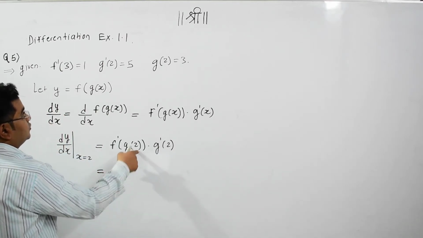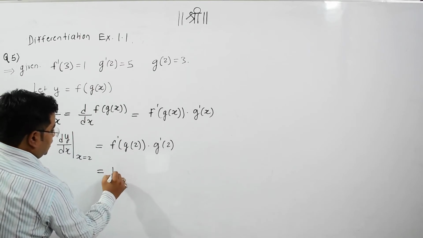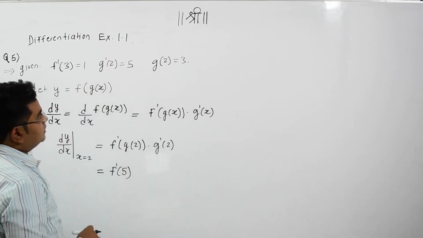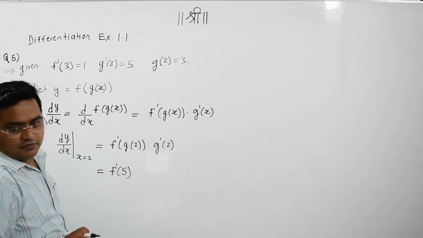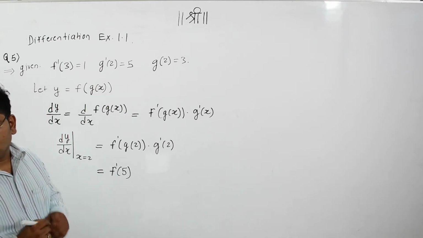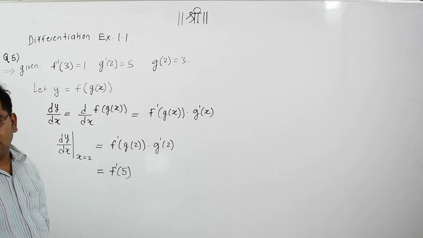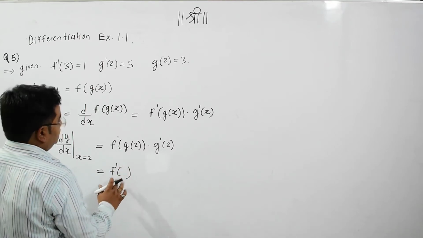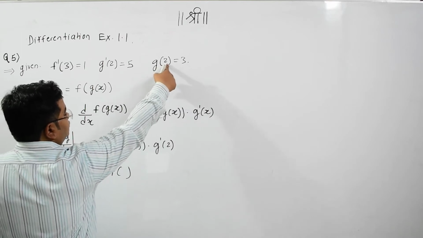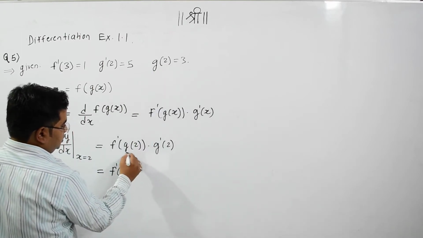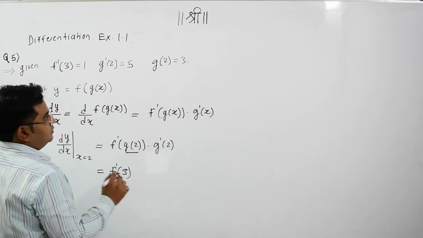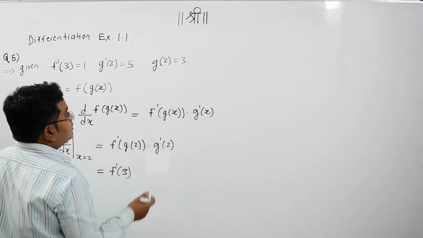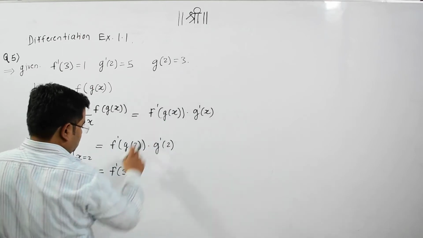What is g of 2? It is nothing but 3. So f dash of 3 will appear. Now I was about to make a big mistake. g of 2 is equal to how much? 3.